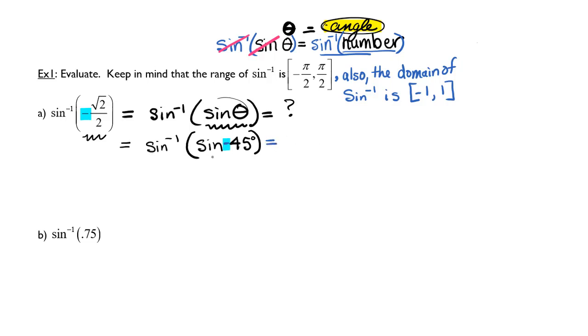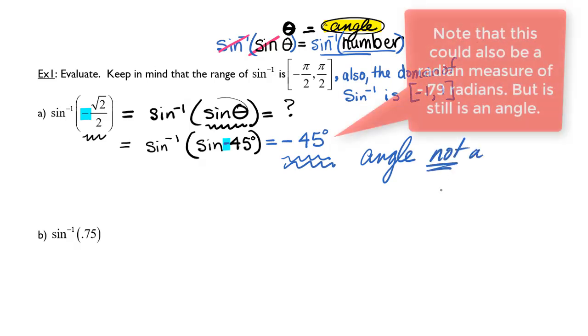Now, the sine inverse of sine of negative 45 degrees is going to be negative 45 degrees. You can certainly do this in your calculator, but it's important to keep track of what you're looking for. This gives us an angle, not a length.